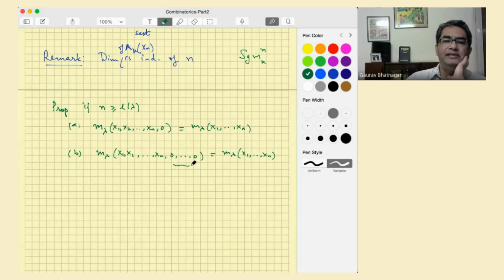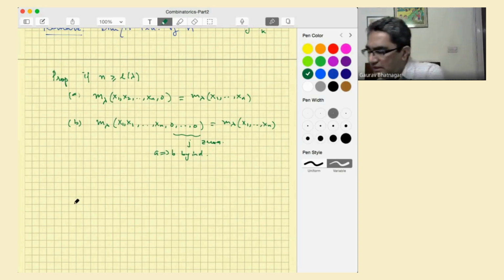Let's say there are j zeros. Obviously A implies B by induction. So we don't have anything to prove, again, I don't think we have to prove much, but let's prove it.